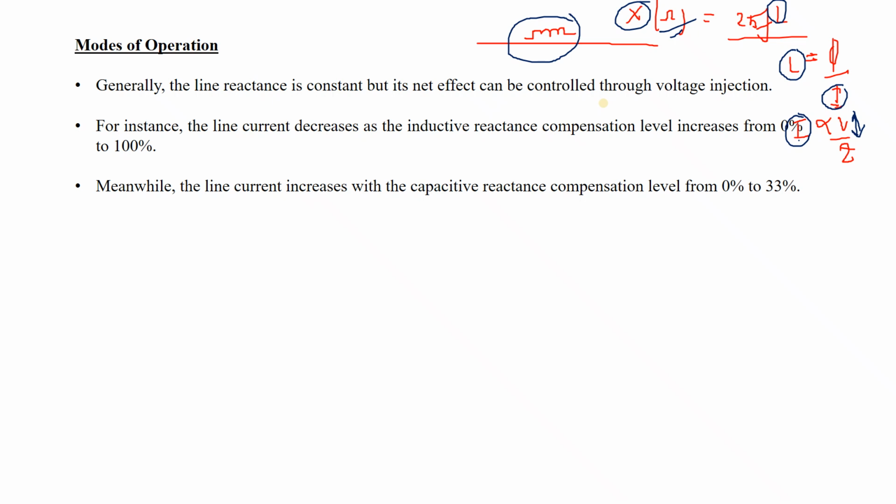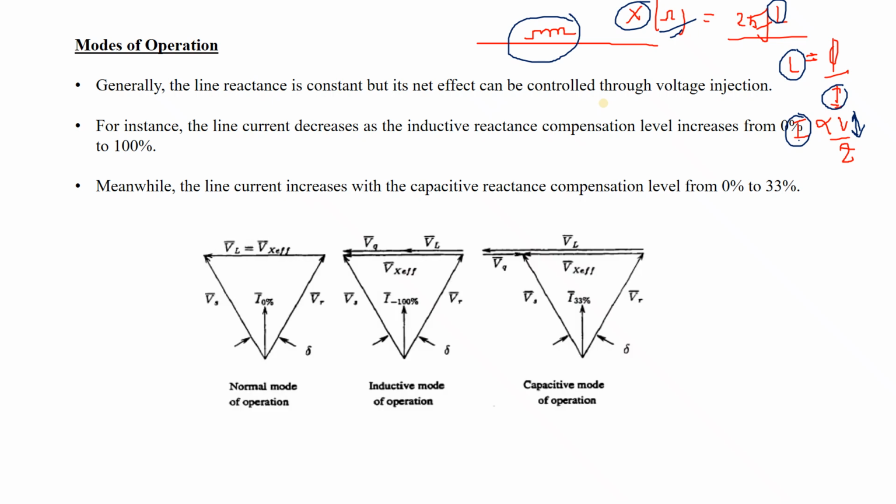In that case, the current will increase in the system, because the SSC will operate in such a way that it will compensate the capacitive reactance. That means it will draw the capacitive reactance towards itself.